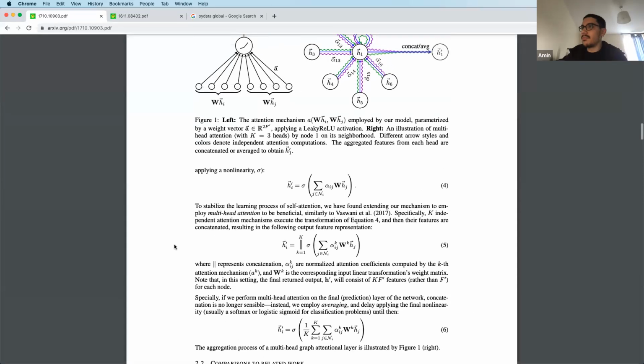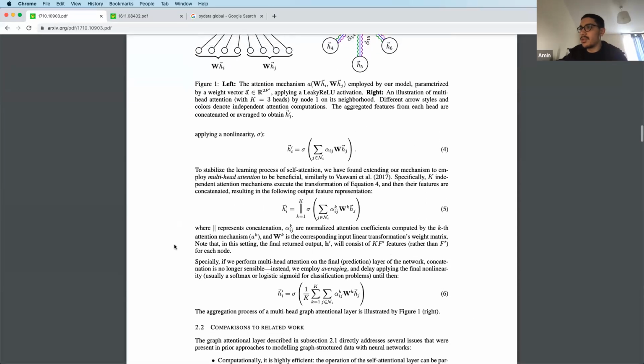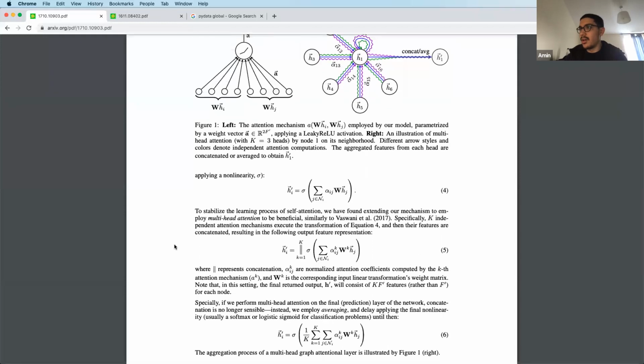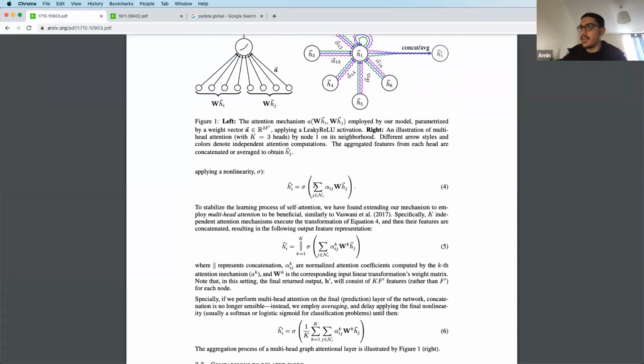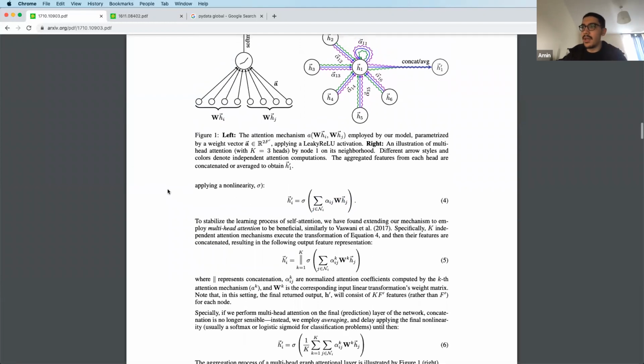All right, thank you. Just one more point about the model, to summarize: this is just a weighted combination of the transformed inputs.